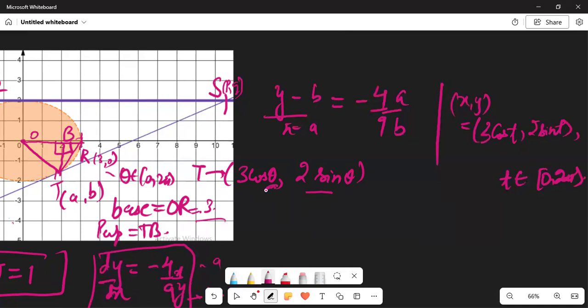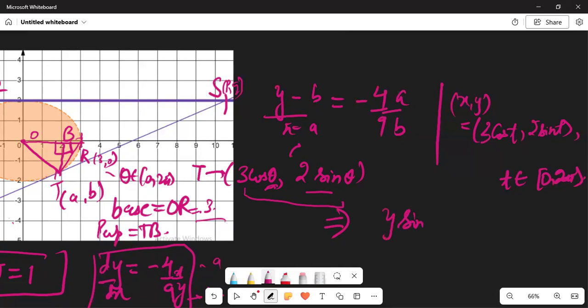Since we don't know T, we don't know theta. Once we know theta, we are able to figure out T. The parametric form gives only one unknown, which makes the solution easy.